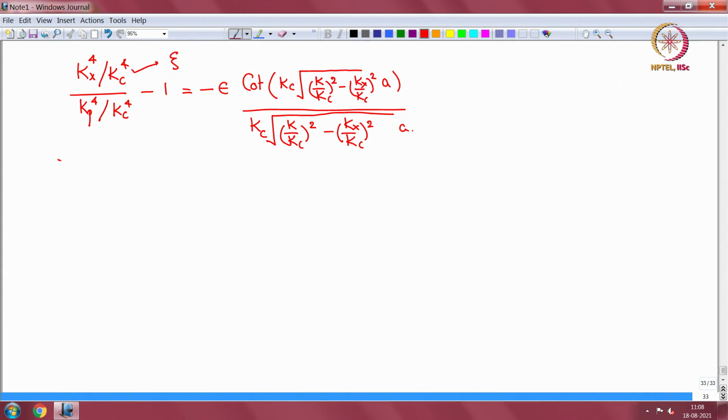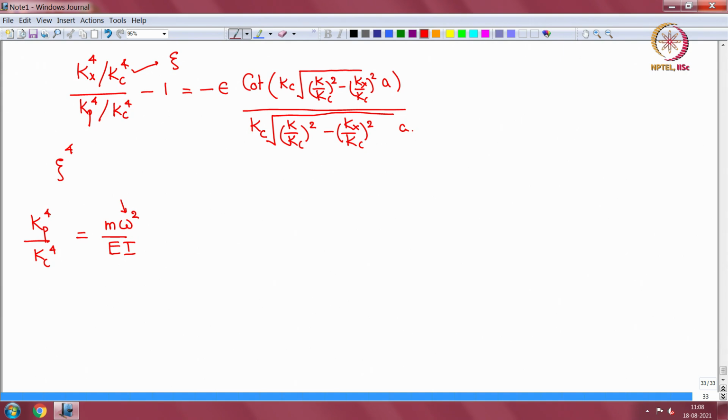So, I have xi to the power fourth, and now what is this kp to the power fourth by kc to the power fourth? Kp to the power fourth is m omega squared by EI, as we have seen before, the free plate wave number at omega in vacuum.